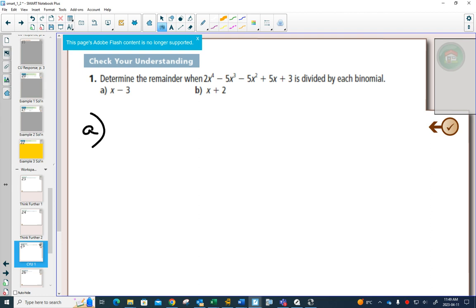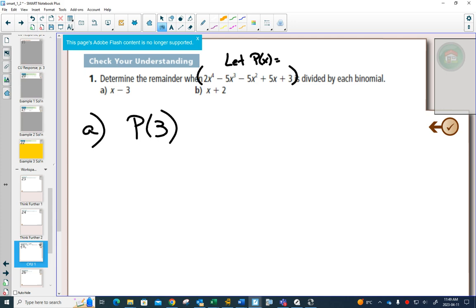Sometimes the remainder theorem is better, sometimes synthetic division is better, and we'll talk a little bit about that. Since we just learned the remainder theorem, first of all, I'm going to put brackets around this and go, let p of x equals. So if I want to use the remainder theorem, I'd have to plug in 3.